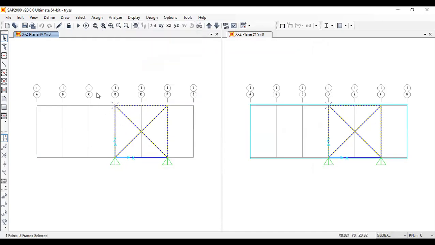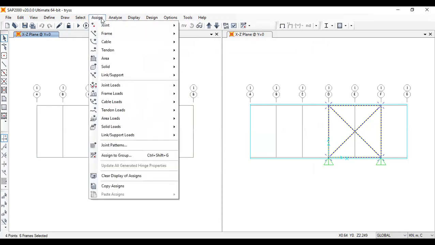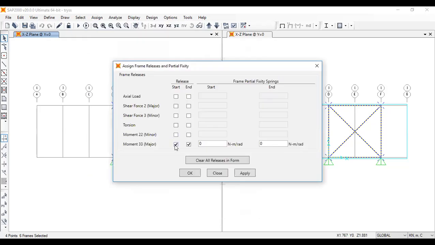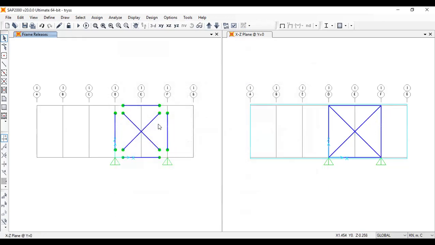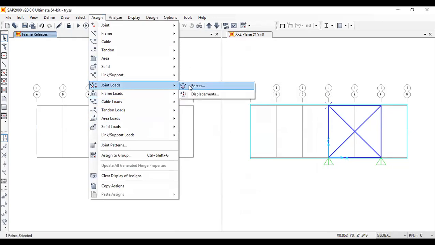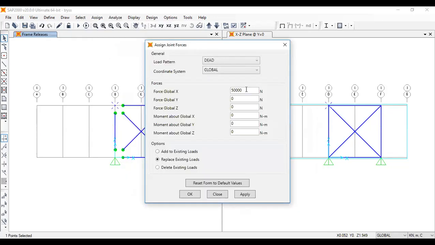And I have member forces, right? So first thing is this is a truss, so you have to release the member ends, right? So you have to release moment 3 and moment at the end and first node. So it's already released. So at this location you have a load. I call this dead load.